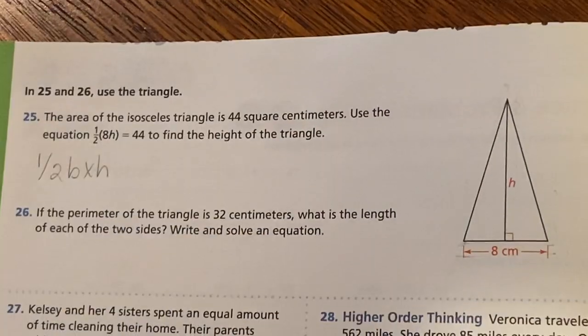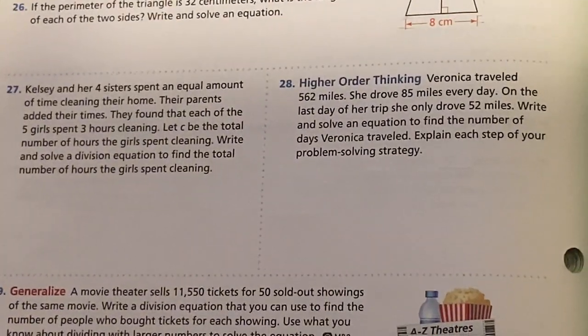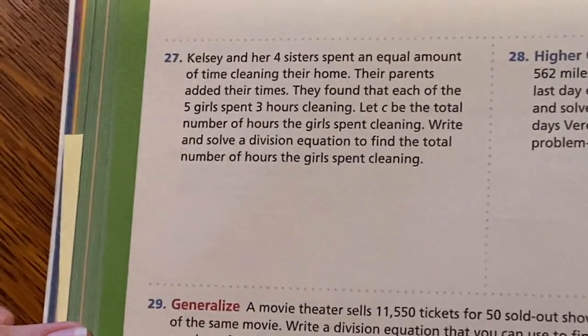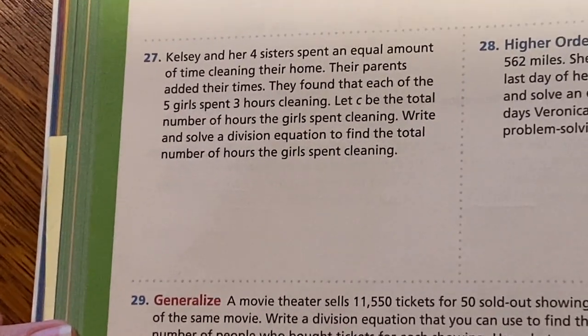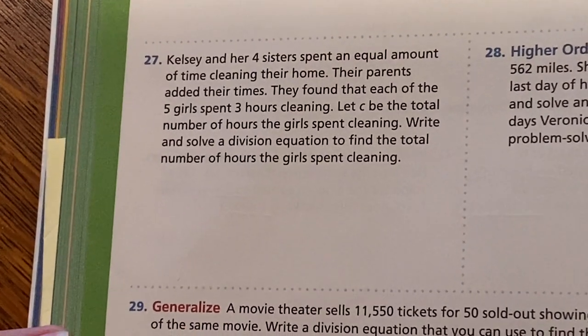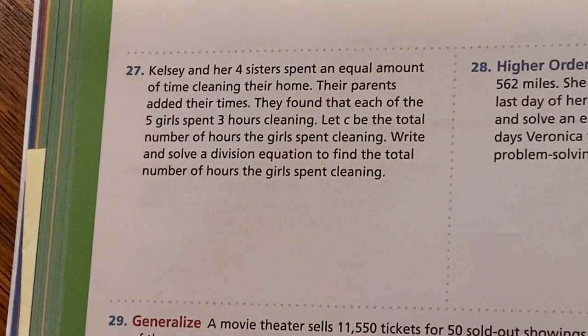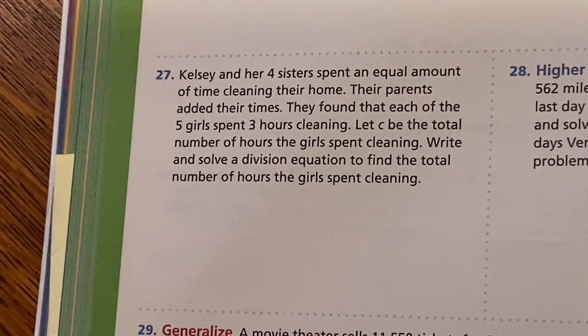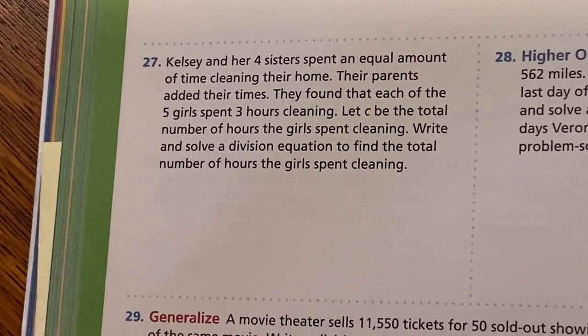Okay, now Kelsey and her 4 sisters spent an equal amount of time cleaning their home. Their parents added their times. They found that each of the 5 girls spent 3 hours cleaning. Boy, their house must have been a mess. Let C be the total number of hours the girls spent cleaning.